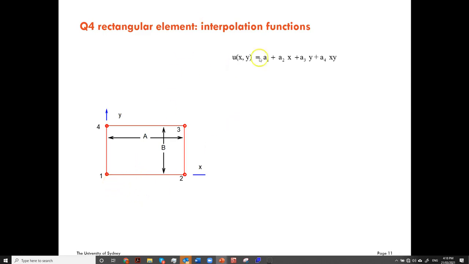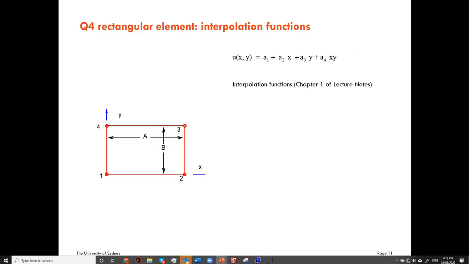So here we need to introduce an extra coefficient because we are going to have 4 equations to solve. To get the extra coefficient, we have to introduce another base function, that is the xy. So this is a nonlinear contribution to the interpolations.